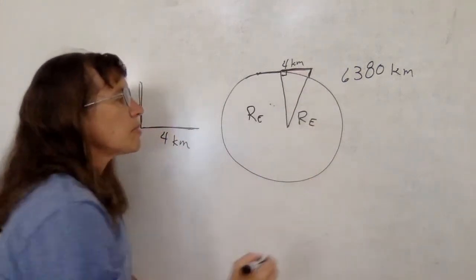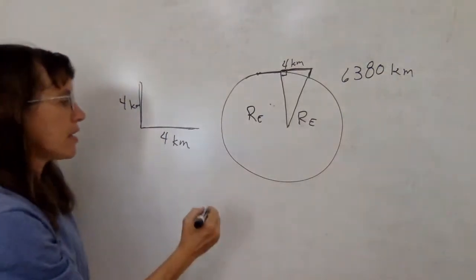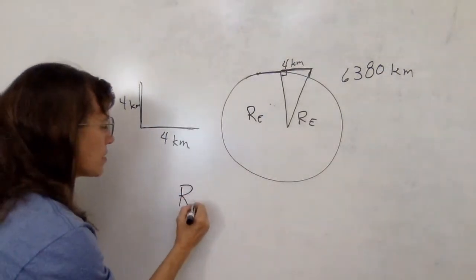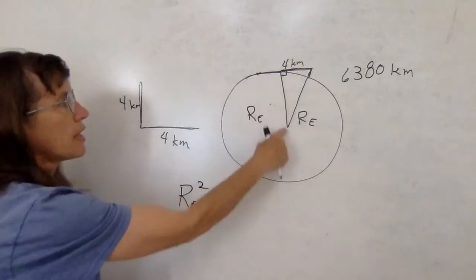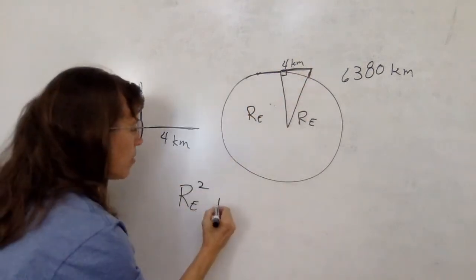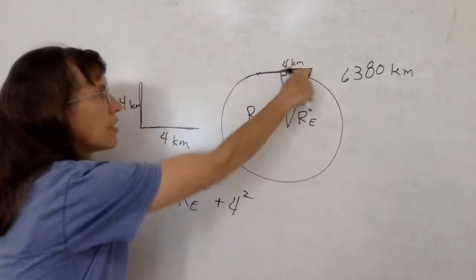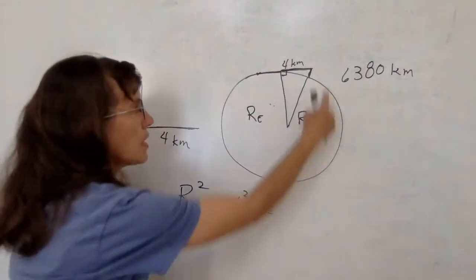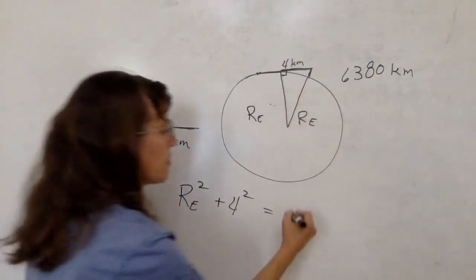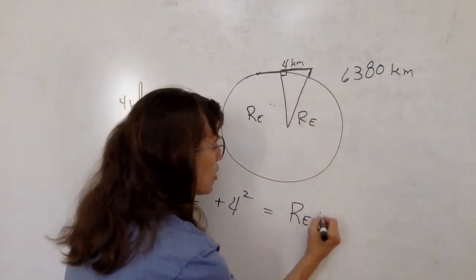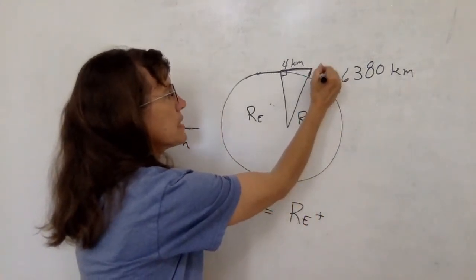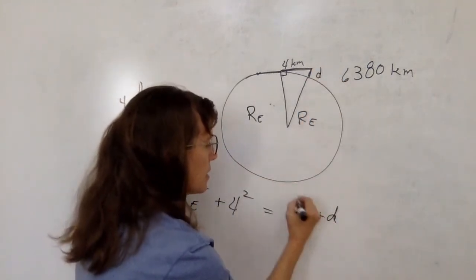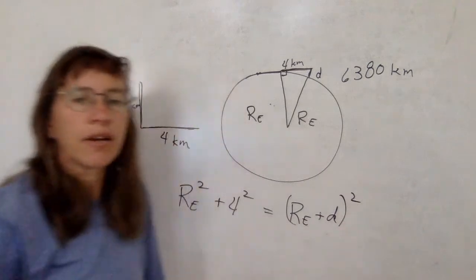And so we can simply write the Pythagorean theorem right here. We can say the radius of the Earth squared, that's one leg of our triangle, plus the 4 kilometers squared, the other leg of the triangle, equals our hypotenuse of the triangle squared, R_E plus, we'll call this little bitty distance here D, squared.